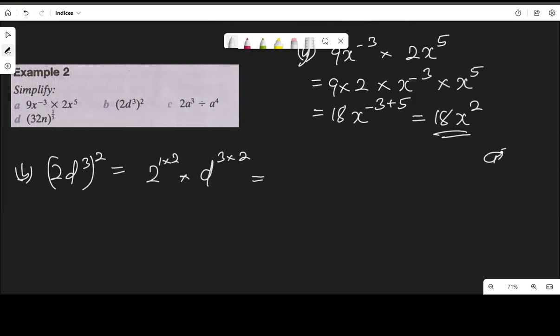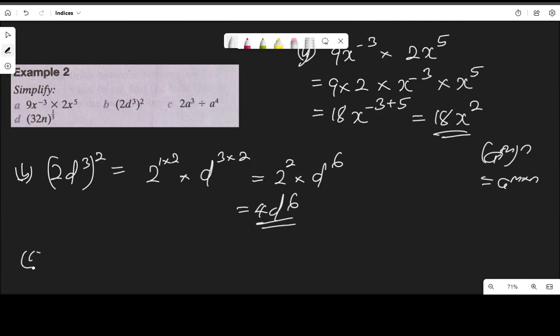Applying the law that says a to the power of m to the power of n is a to the power of m times n. So 2 to the power of 2 multiplied by d to the power of 6. 2 to the power of 2 is 4. So I have 4d to the power of 6.